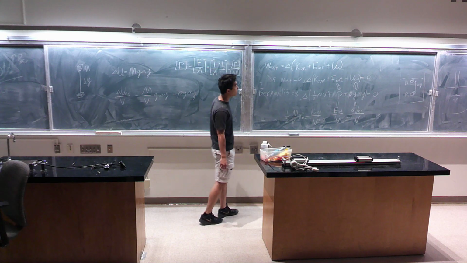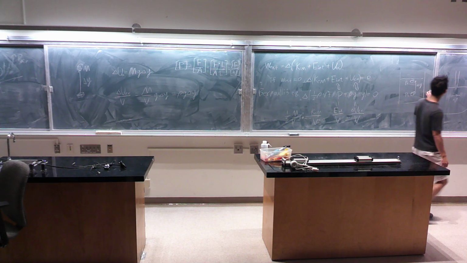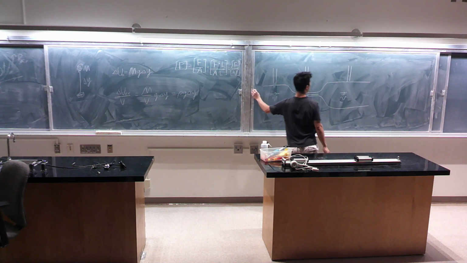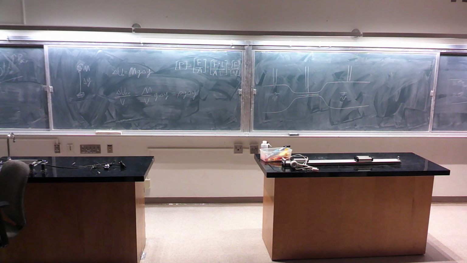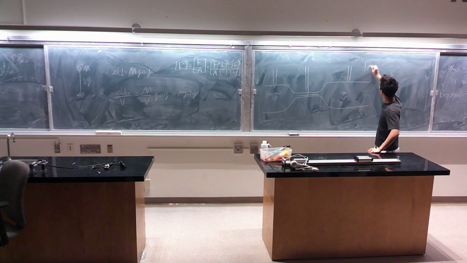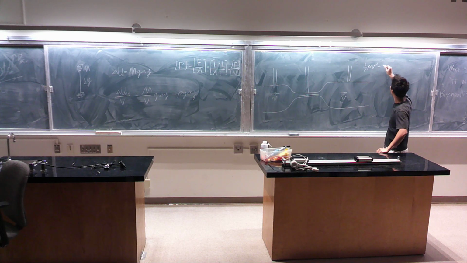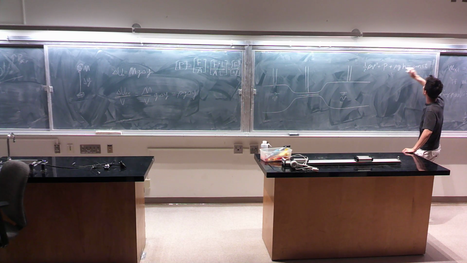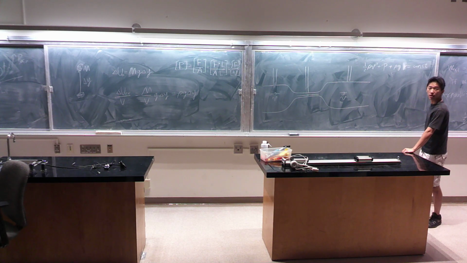So when we look at Bernoulli's equation, you will see that 1/2 rho v squared plus pressure plus rho g h is a constant, or rho g y.